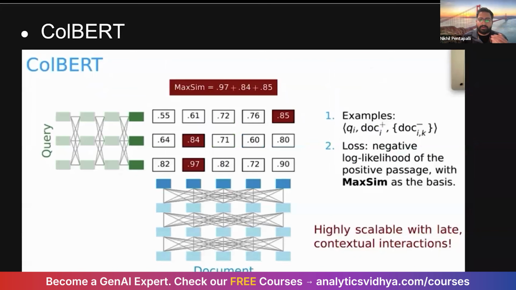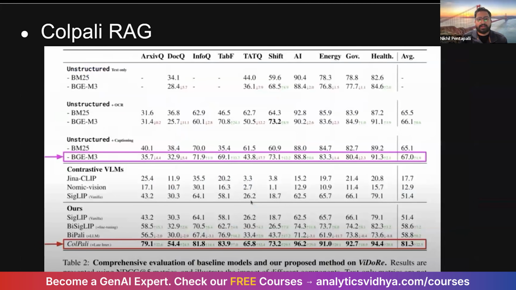ColBERT is a trade-off between both: highly scalable with contextual interactions, and you only work on the last layers. That's the advantage with ColBERT. On optimization, it's pretty close to 50 microseconds, so it is production scalable.